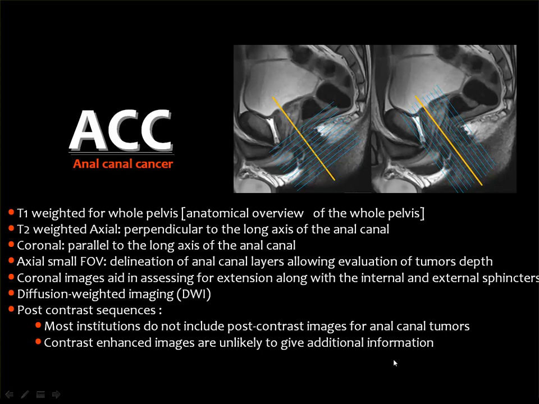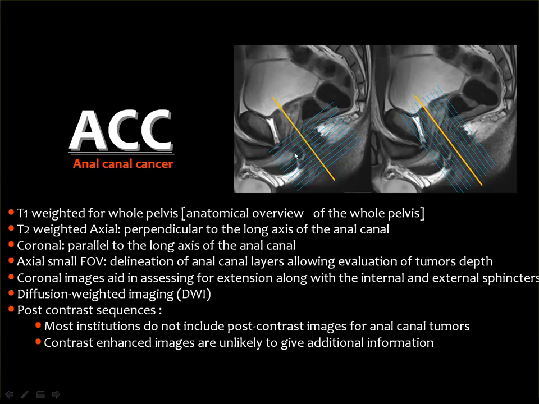Then you remember the best method for evaluation of the anal canal by MRI is to have the sections in orthogonal planes, meaning relevant to the direction of the anal canal. You get the axial images perpendicular to the direction of the anal canal, and the coronal images parallel to the direction of the anal canal.